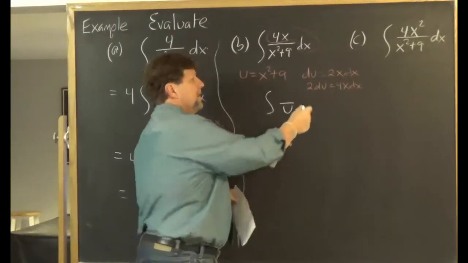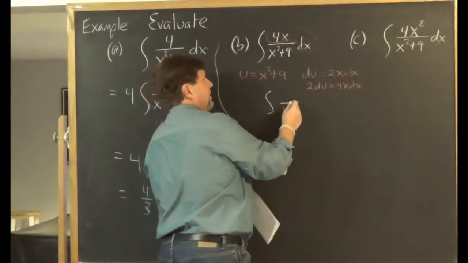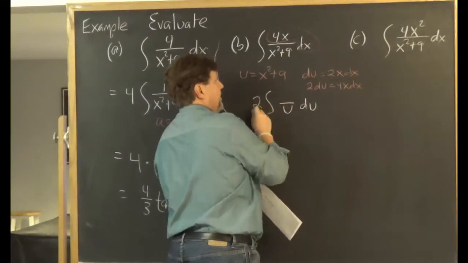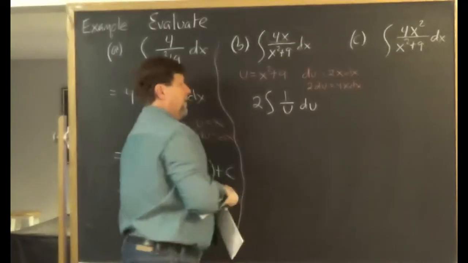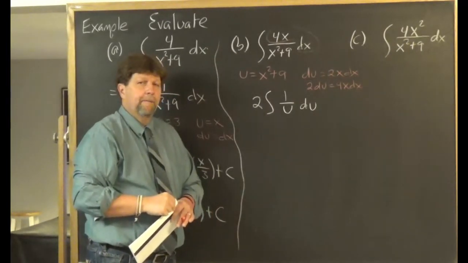So I can substitute 2 du for the 4x dx, and I would take the 2 and rip it out front. So I'm left with that after I do my u substitution.